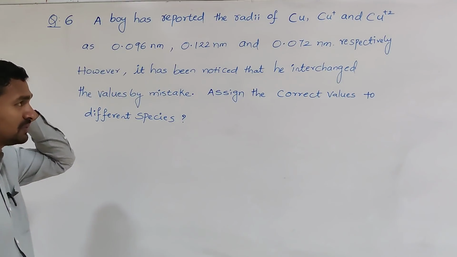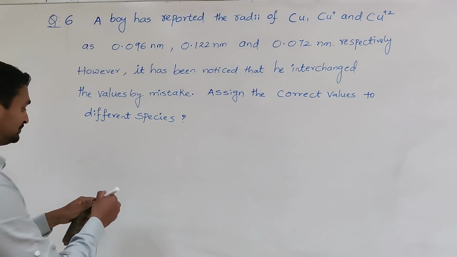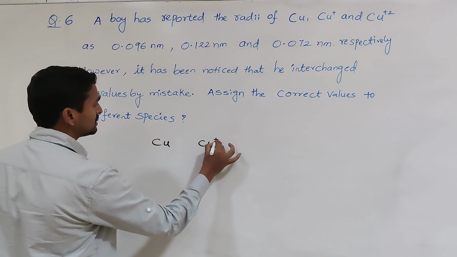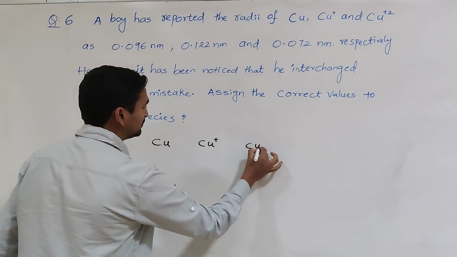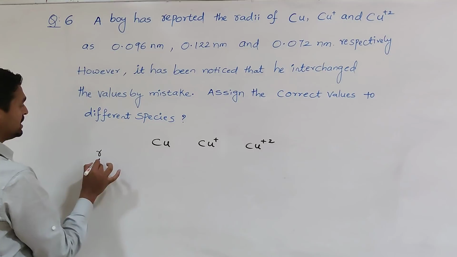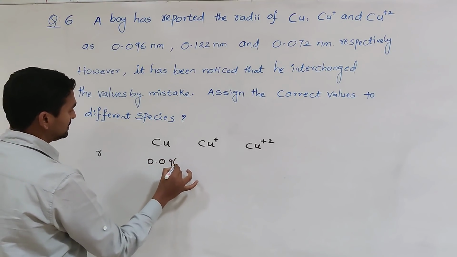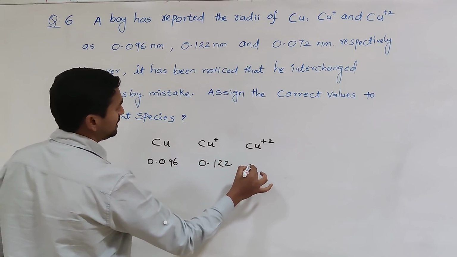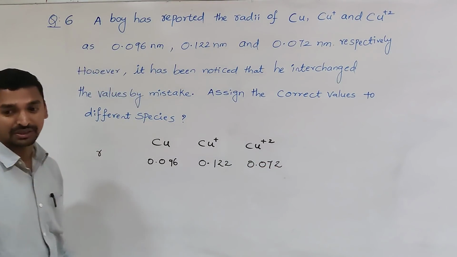What is the question? One boy was reporting the radii of copper, copper plus and copper plus 2. Their radii are 0.096 nanometers, 0.122 nanometers, 0.072 nanometers.